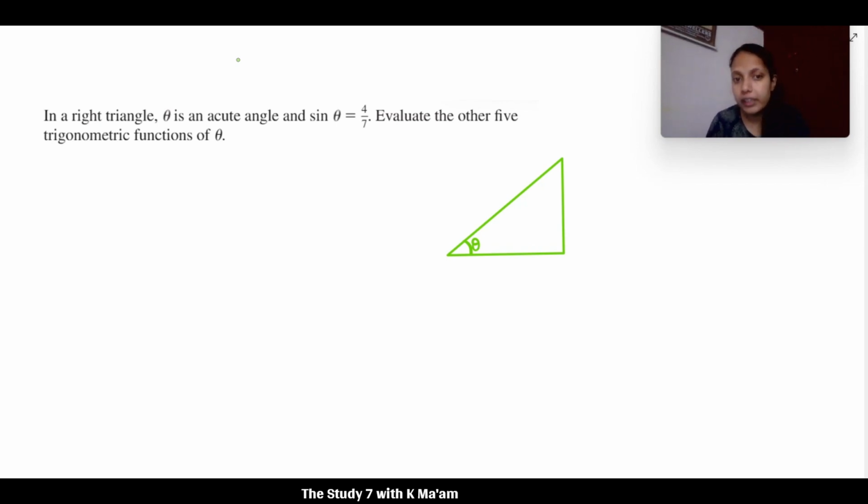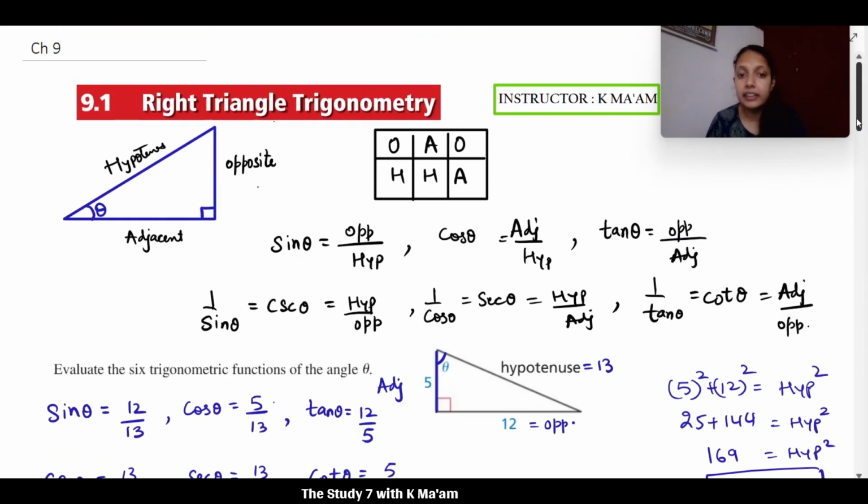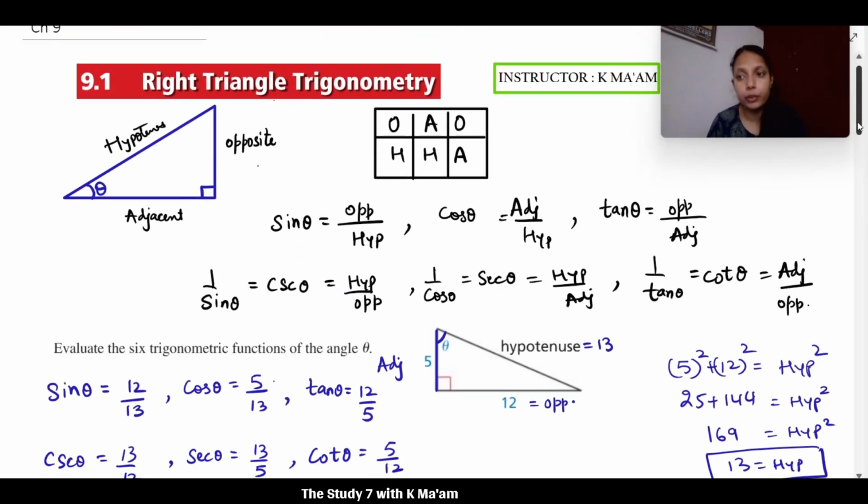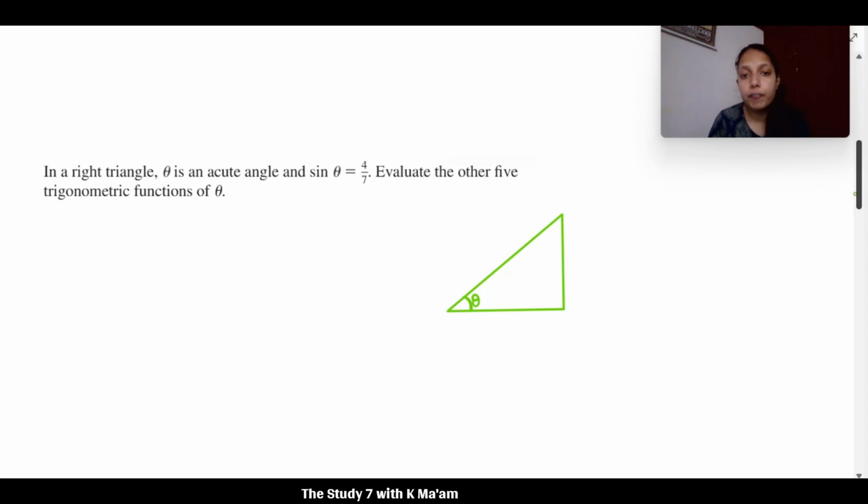Theta is an acute angle and sine theta is 4 over 7. What is sine theta? Opposite over hypotenuse. So 4 is the opposite side, 7 is the hypotenuse side. You have to calculate adjacent.